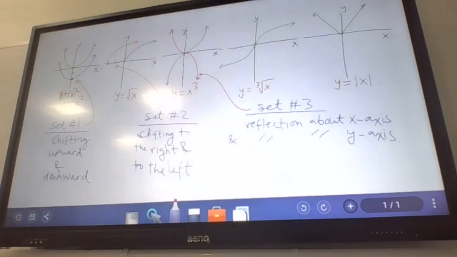Okay, so let us start introducing these sets of transformation rigorously.